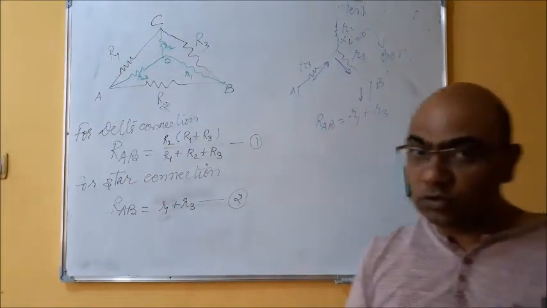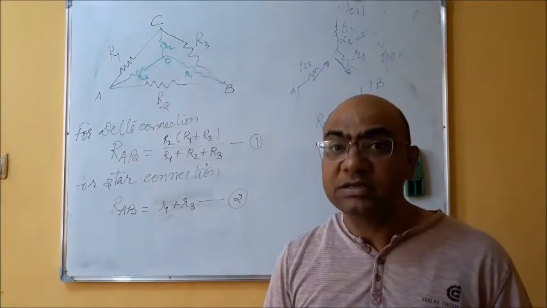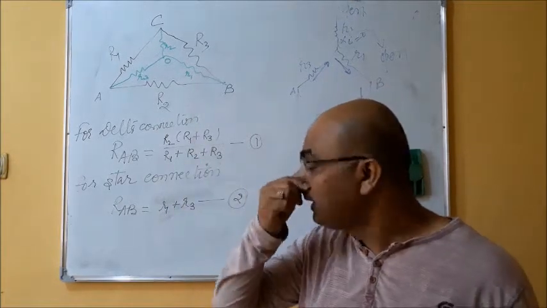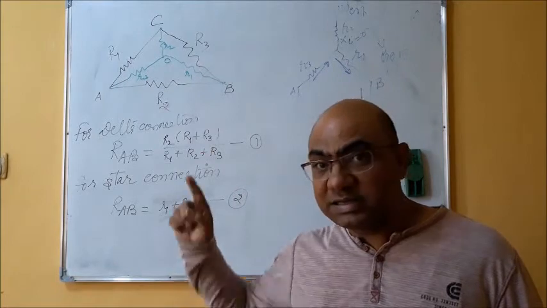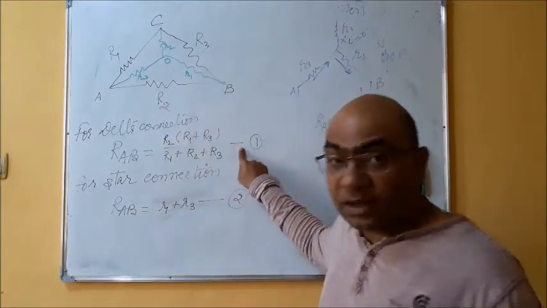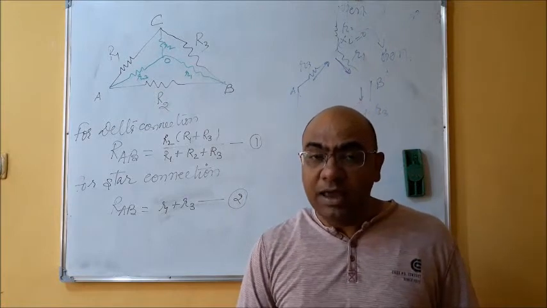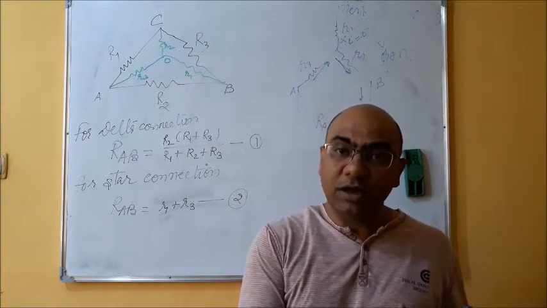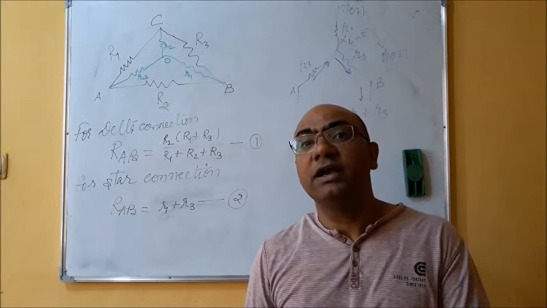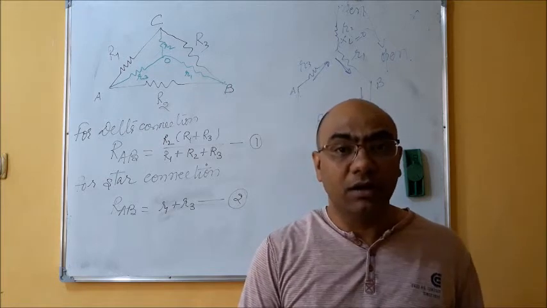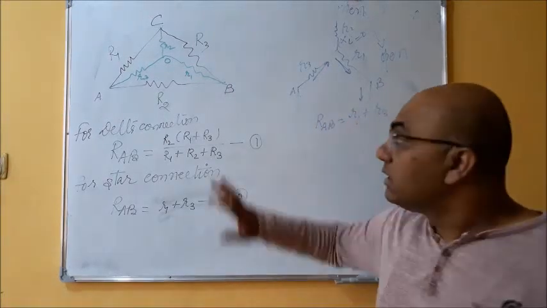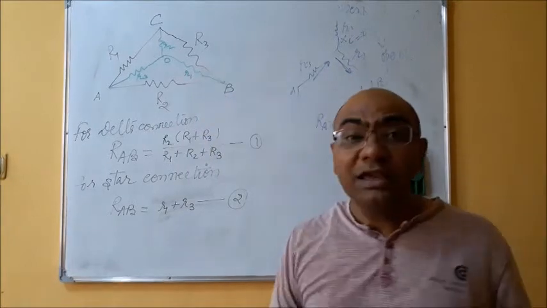So what we get? We get the total equivalent resistance between the points A and B when the resistances are connected in delta and when the resistances are connected in star. And I said that we can convert either delta into star or star to delta. This means these two circuits are equivalent.